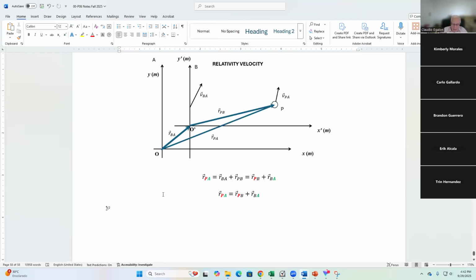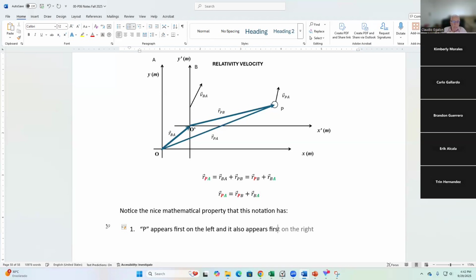Notice what a nice mathematical property this notation has. One, P appears first on the left, and it also appears first on the right.